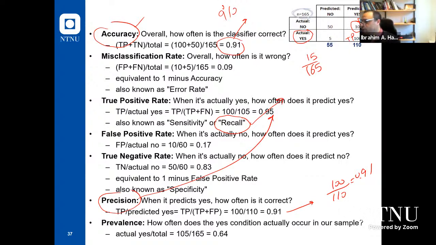And there are other metrics which we can use, in fact. This works fine when the data set is balanced, but when the data set is not balanced, those numbers will not be correct. So this is very important. When your data set is balanced, we can just use this. When it's not balanced, we cannot use this.